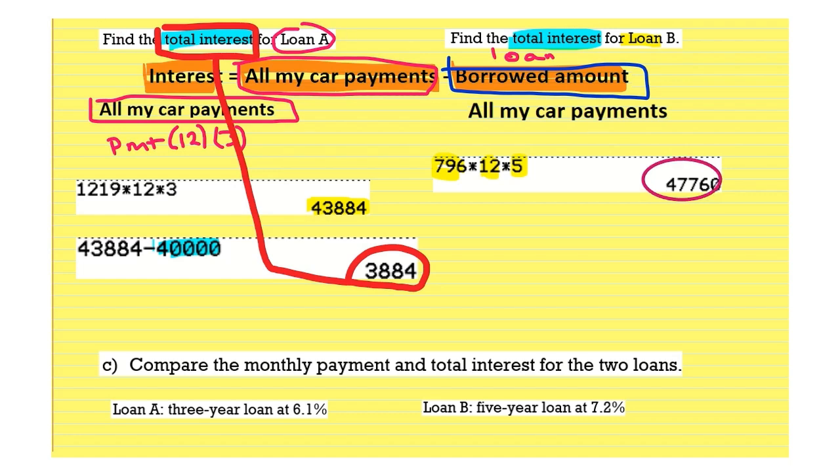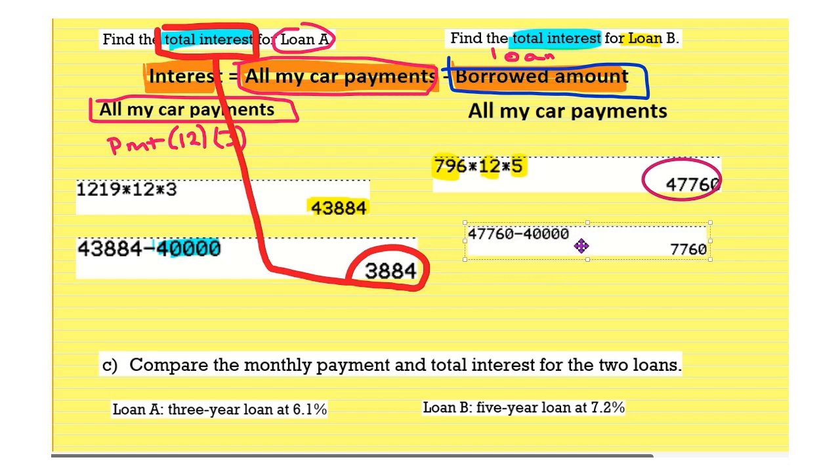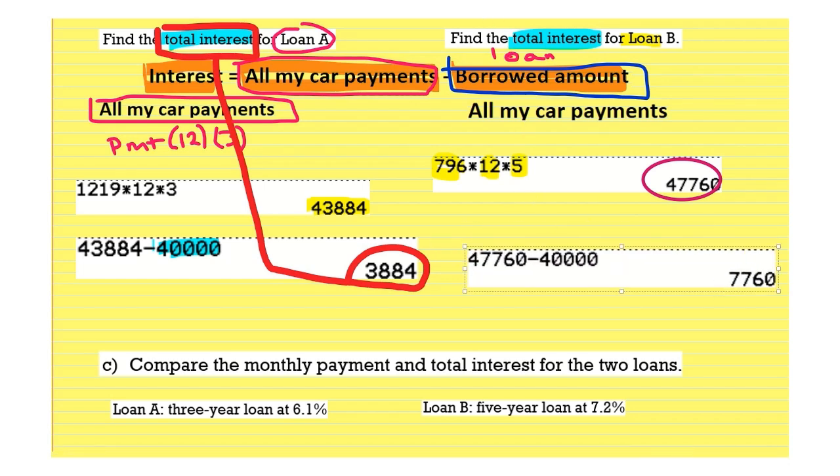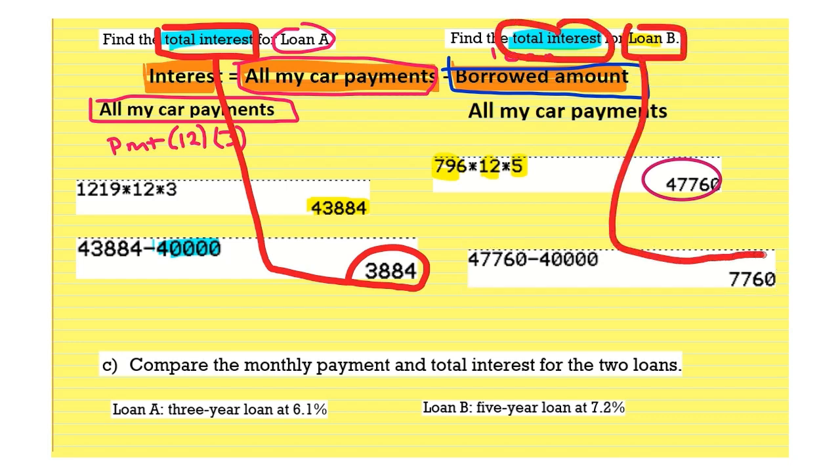And I'm going to subtract off again the amount that I borrowed, my loan amount. And so when I do that, I find that my total interest for loan B is equal to $7,760.